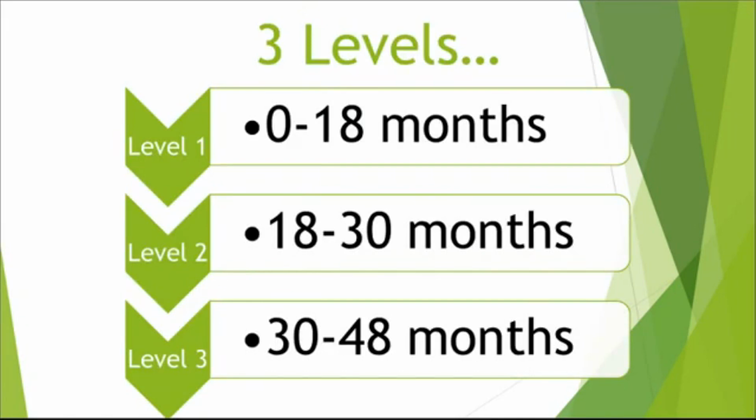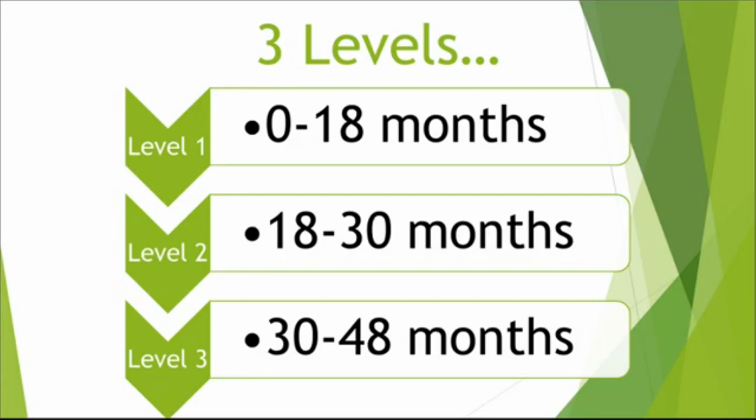We break down each of those three levels. The red level, at the bottom, indicates the milestones that learners from 0 to 18 months should be hitting. Level 2, the green level, is for the milestones learners from 18 to 30 months should be hitting.